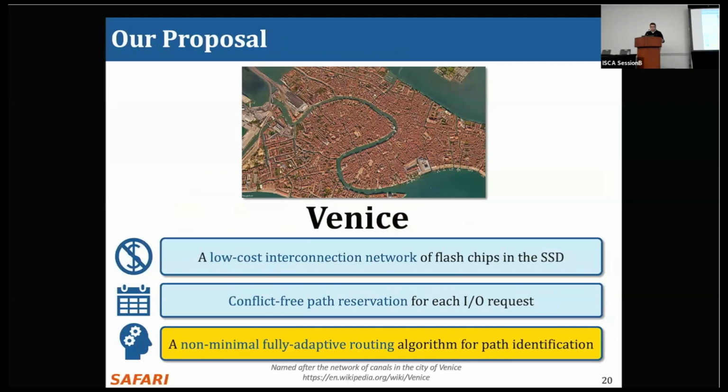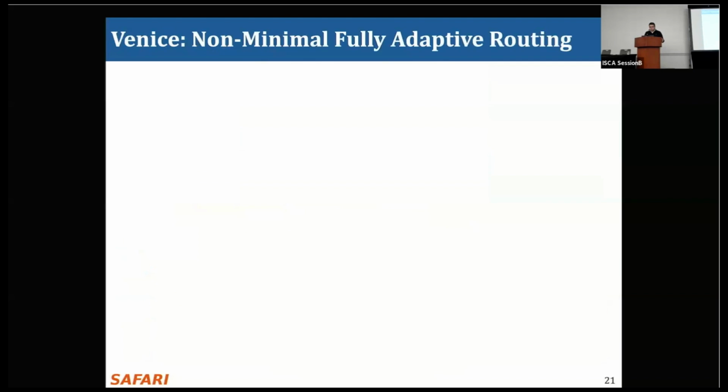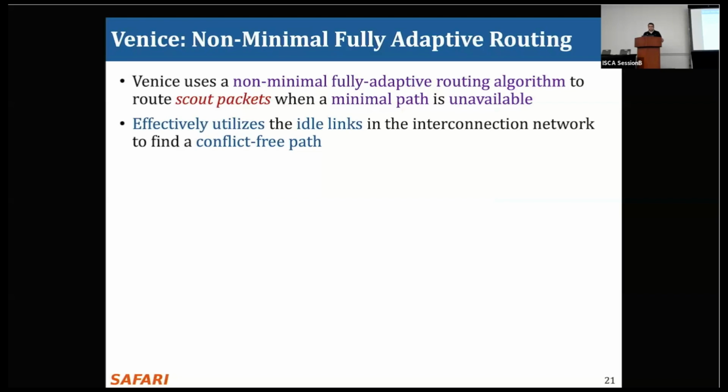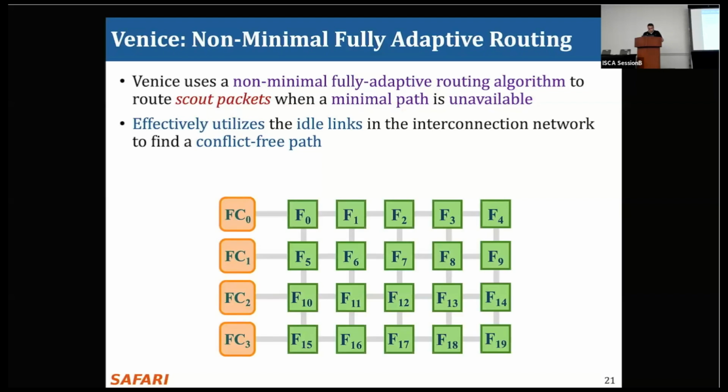Next, we look at the routing algorithm for path identification used in Venice. Venice uses a non-minimal fully adaptive routing algorithm to route scout packets when a minimal path is unavailable. This routing algorithm effectively utilizes the idle links in the interconnection network to find a conflict-free path. We show this using a network here, with three I/O requests for which the path reservation is done.